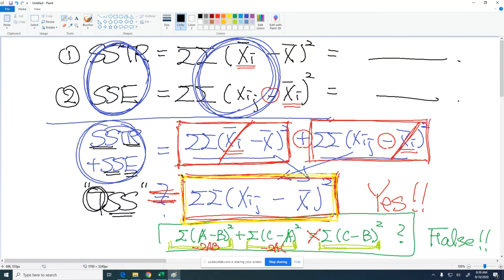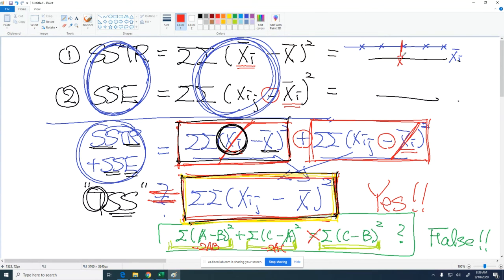But what does the T stand for? Please look at the summation. The reason why it is the between is that we take the individual sample means, the xi bars, and subtract the overall sample mean, so we take the variance between groups.